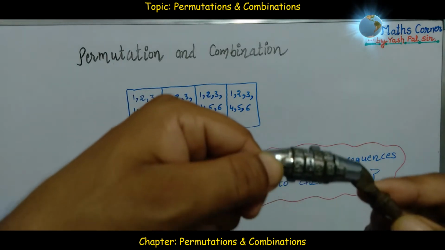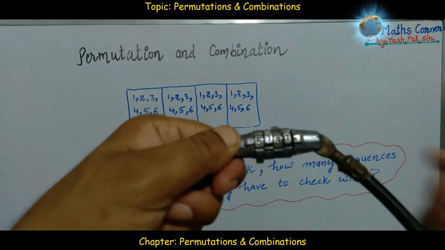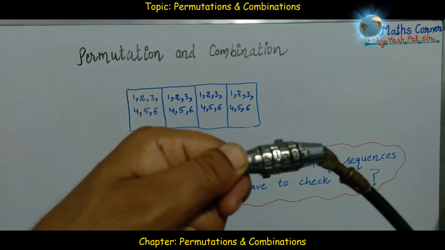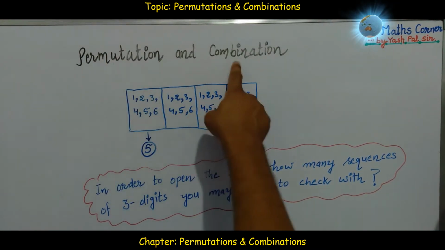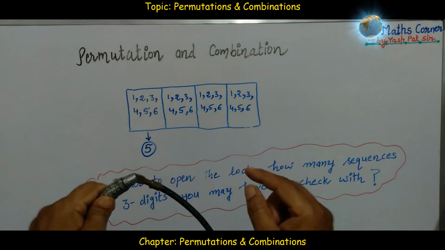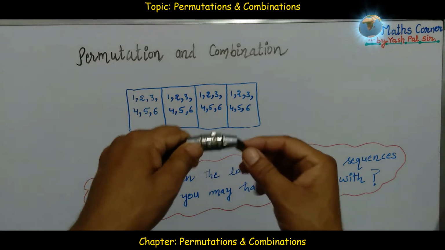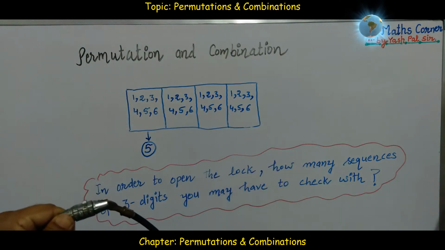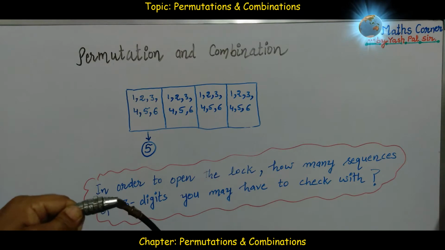But this will be very tedious, very difficult to count the total number of ways. So in this chapter, permutation and combination, we shall learn how to count the total number of sequences, the total number of ways, without actually listing all the digits.